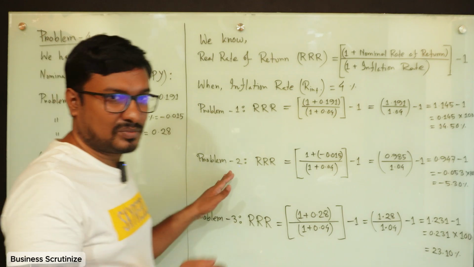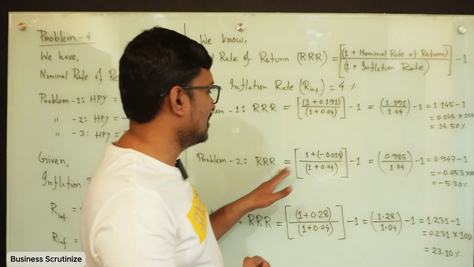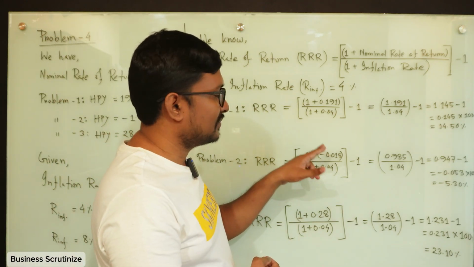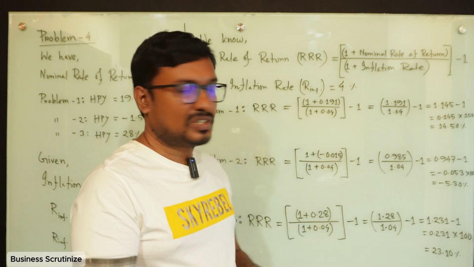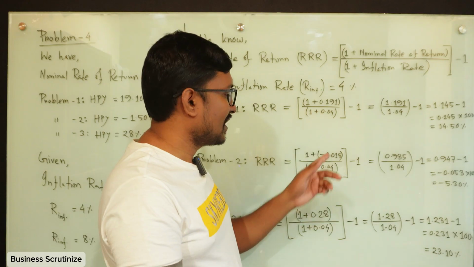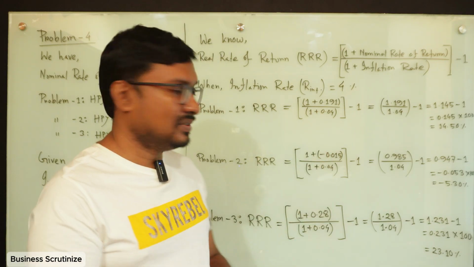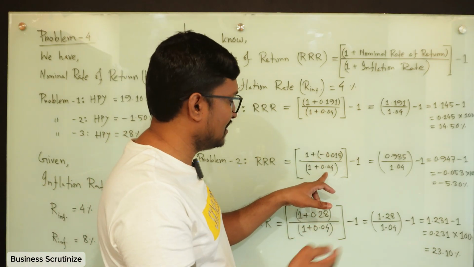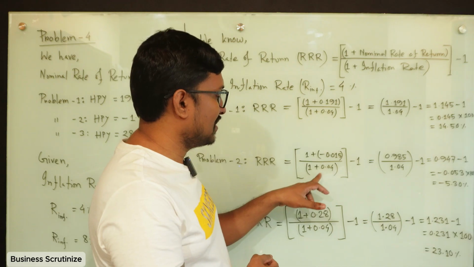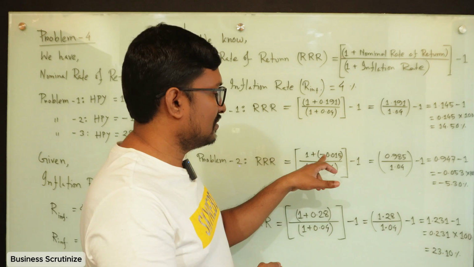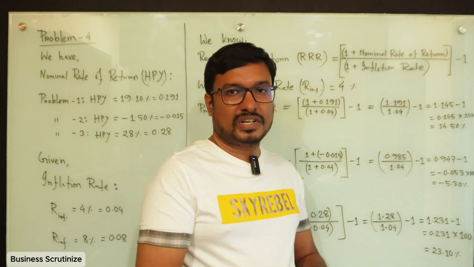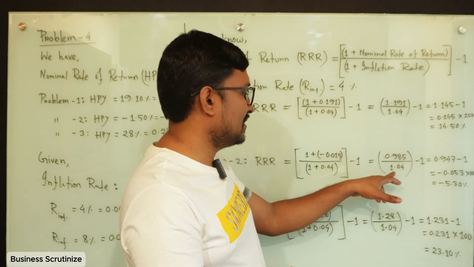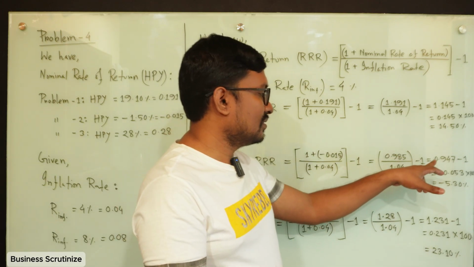In problem number 2, for the real rate of return, we have 1 plus SPY, or the nominal rate of return, which is minus 1.5%, or numerically minus 0.015, and again the inflation rate, 1 plus 0.04, minus 1. After summation of the numerator, we have 0.985 divided by 1.04, minus 1.